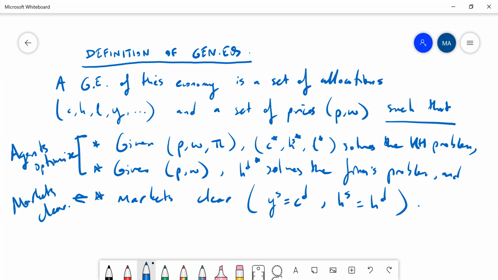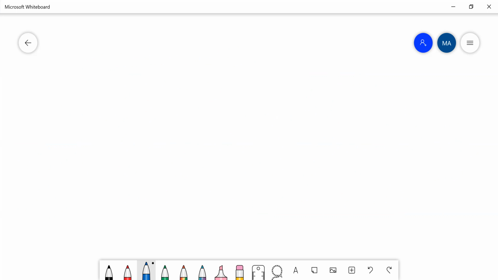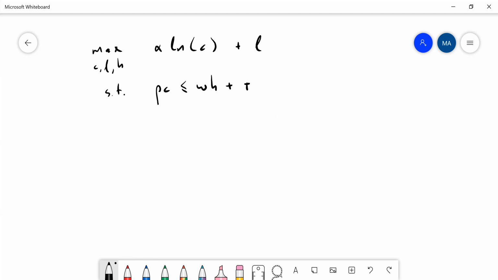Now, our task, of course, is to solve these problems first. So it's very simple. Let's start with the consumer problem, or the household problem. So we had this: maximize utility of C, L subject to PC less than or equal to WH plus pi, and H plus L less than or equal to 1. Now you should realize this utility function is increasing in both arguments.